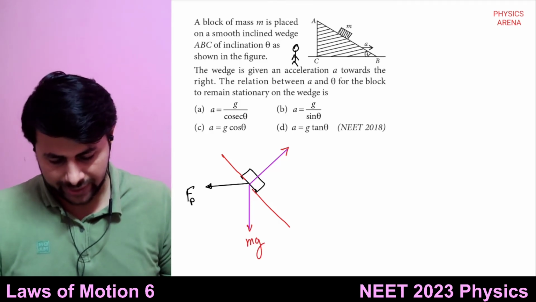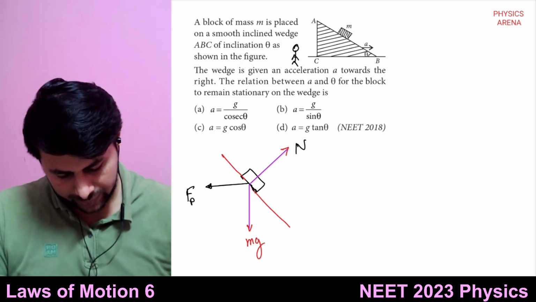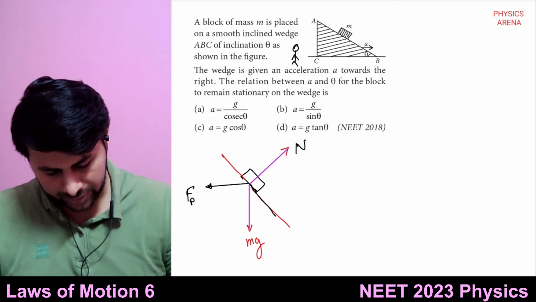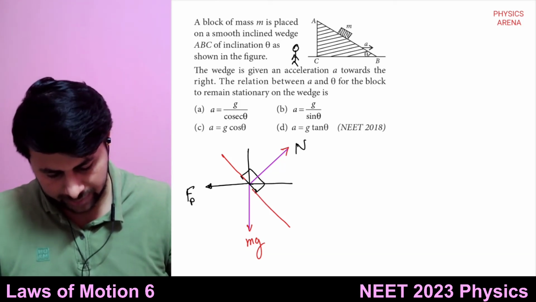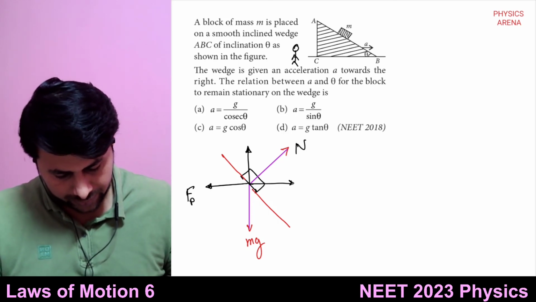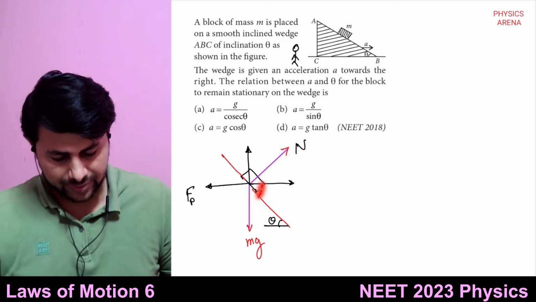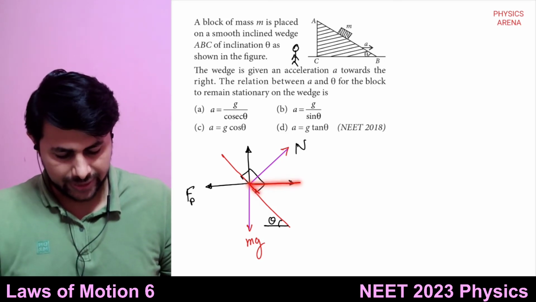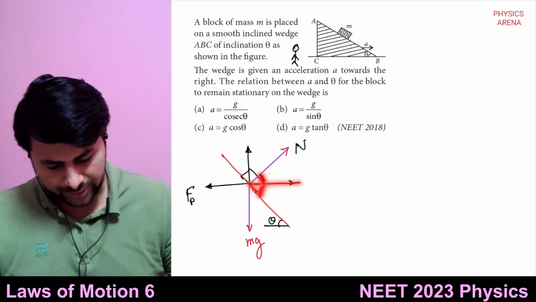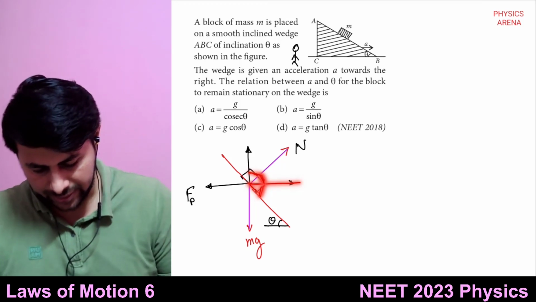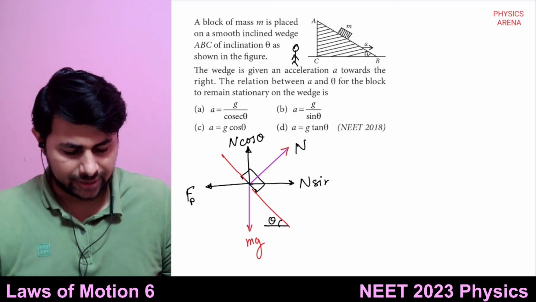Now we can resolve the normal reaction along two components, this component and this component. So this angle was theta, so that's why this angle is theta. Alternate angles, right? This angle is theta, this is 90 minus theta. So this is the cos component, n cos theta, and this is n sin theta.